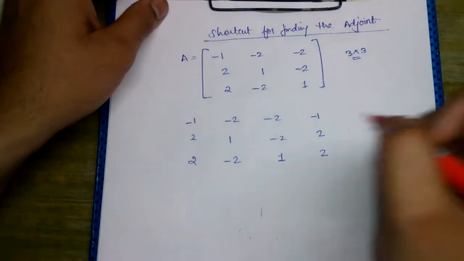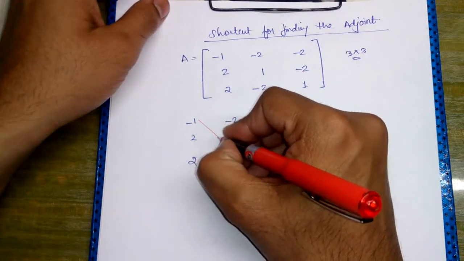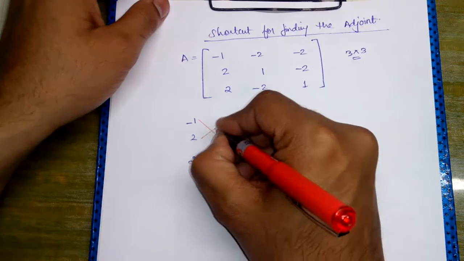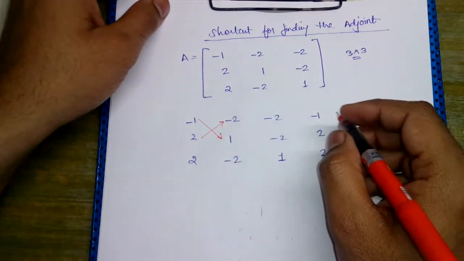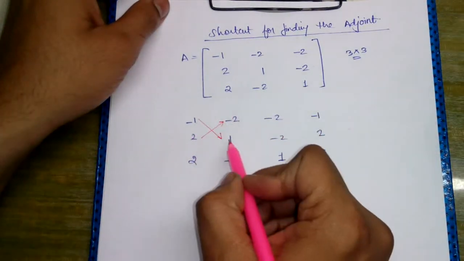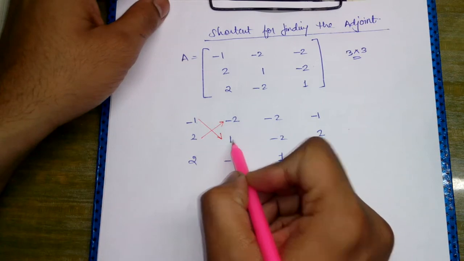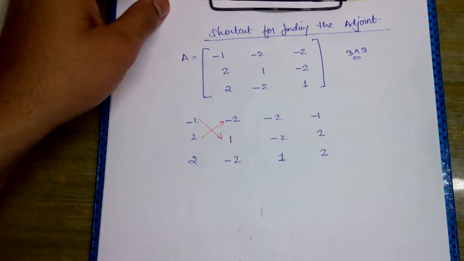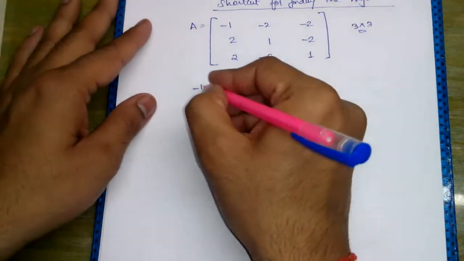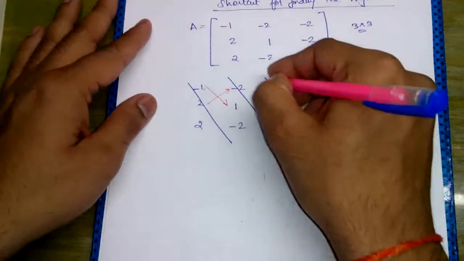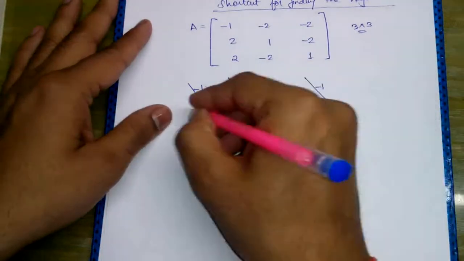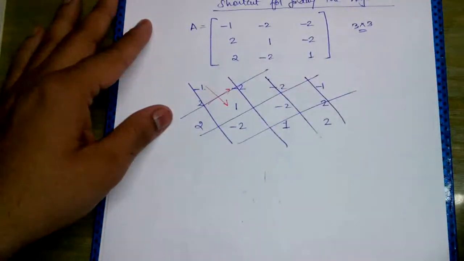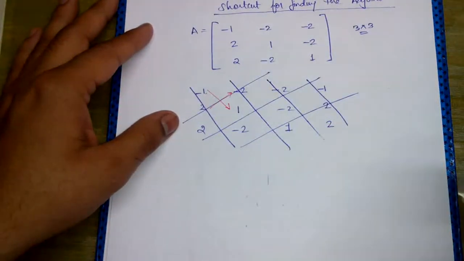Okay, now what we will do is this multiplied by this minus this multiplied by this. So 1 into -1, sorry -1 into, just a second, okay, I am so sorry, this is not the procedure. We will not write like this. We will write it in the fashion that I am going to tell you.